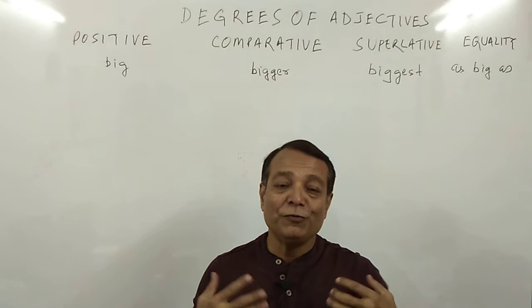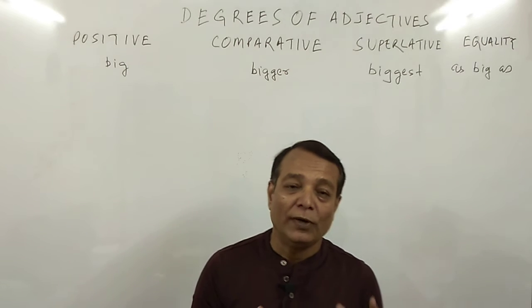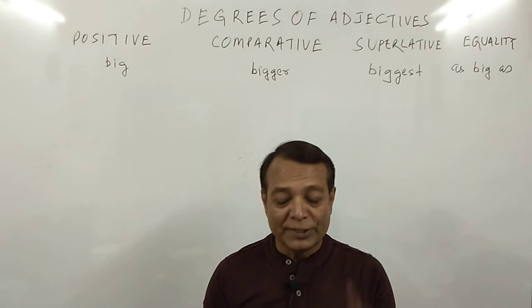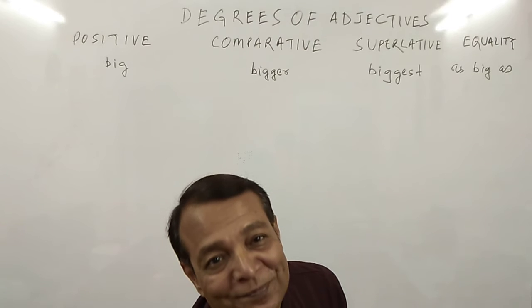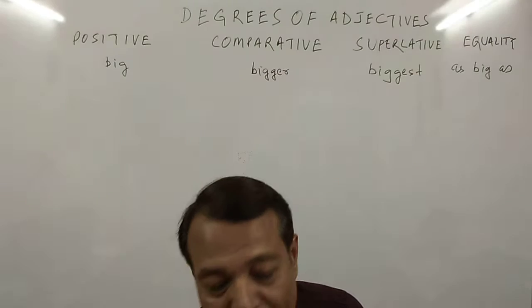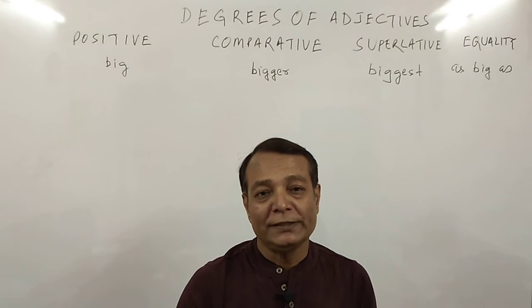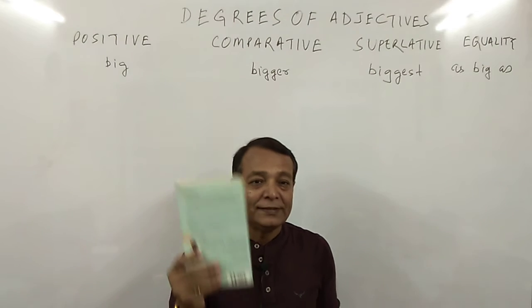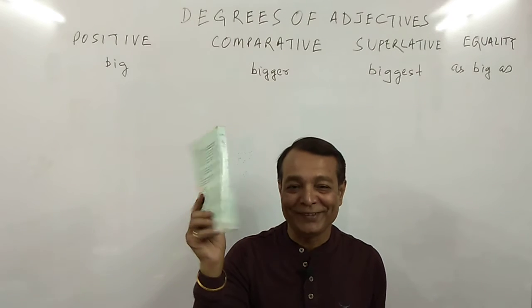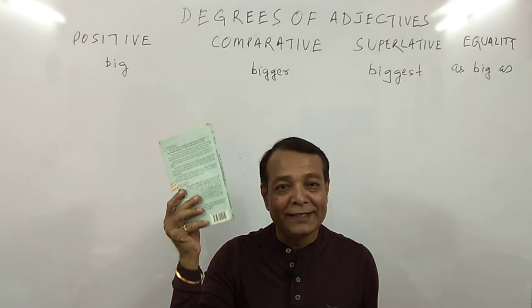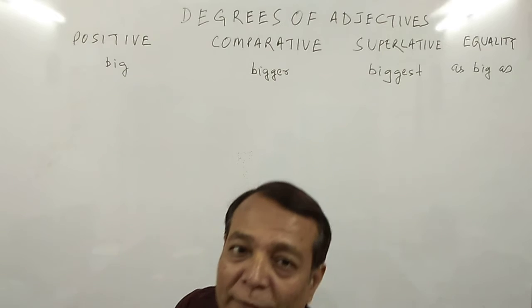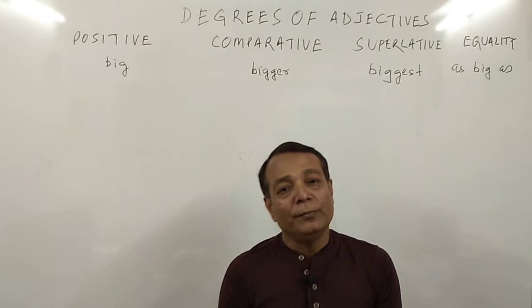Now, how do we speak this language? For example, I have 3 books in my hands. The first book I am showing, this is a big book. You see, this is a big book. Then now I am comparing with some book.